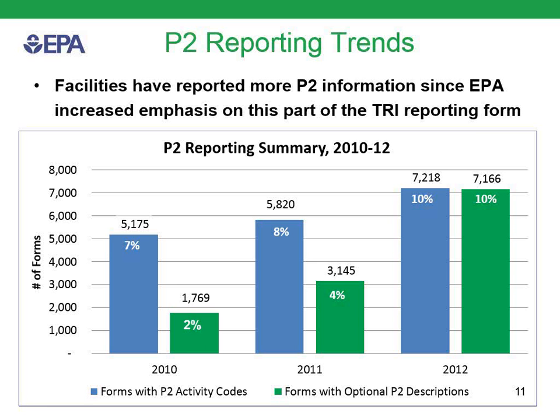So the blue bars, the forms with P2 activity codes, those are the ones that report source reduction activities. That's gone up somewhat. So there's 10% of cases where facilities have told us, yes, we did source reduction, as opposed to it only being 7% 2 years ago. But the real dramatic difference is that now 10% have those types of details.